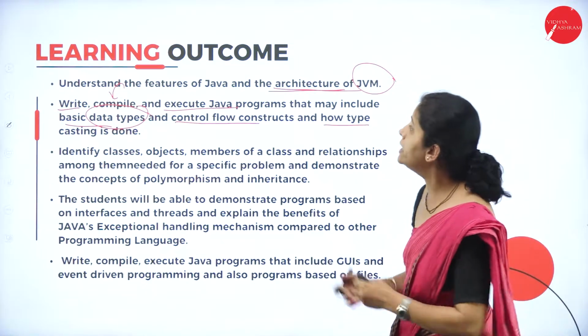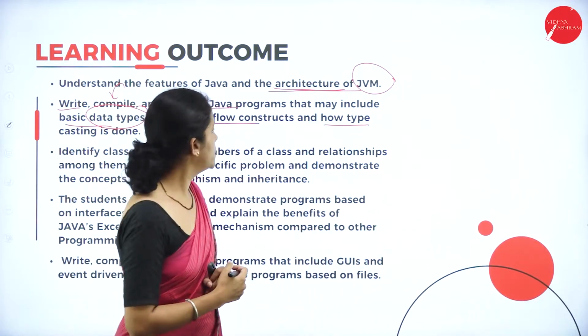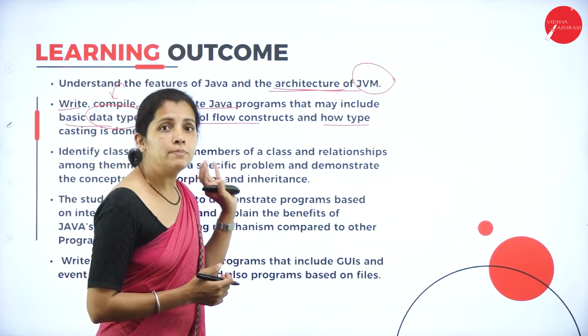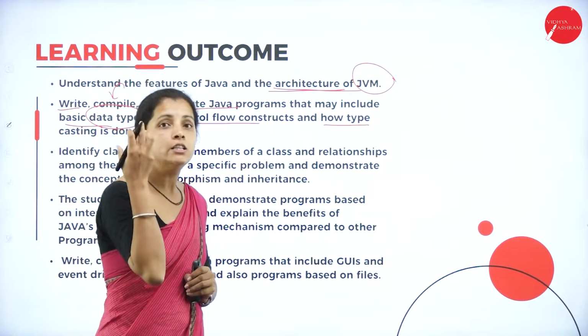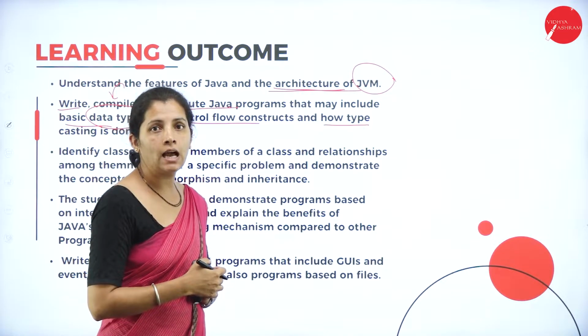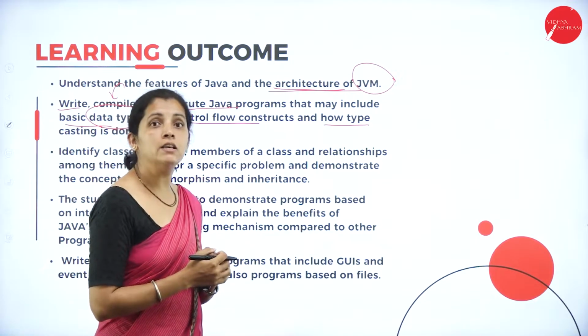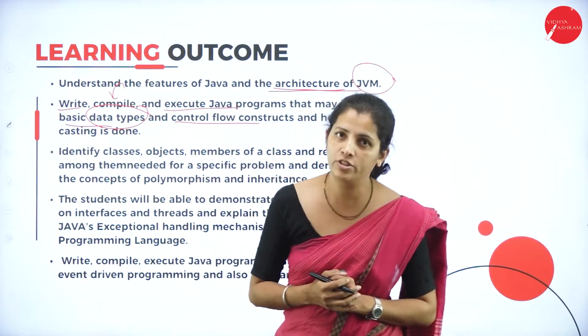So dear student, let's see the next learning outcome. So here, if I consider a Java program, it's mainly used to identify the objects. It is mainly used to identify the classes as well as the relationships among the classes and objects.